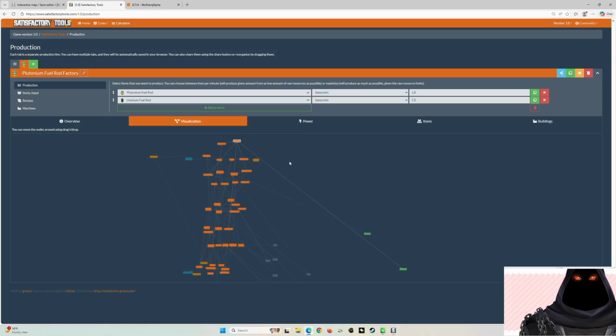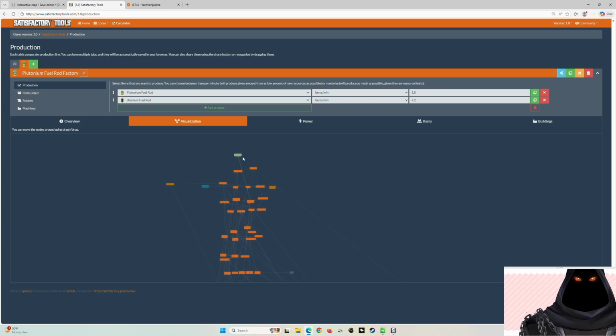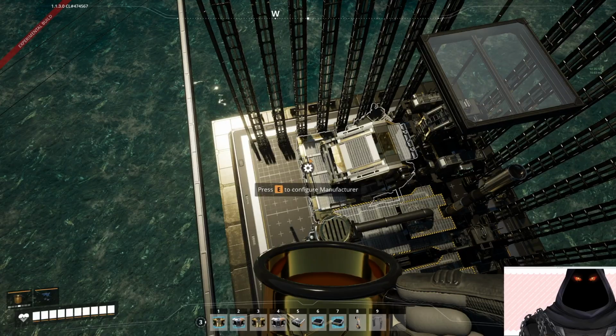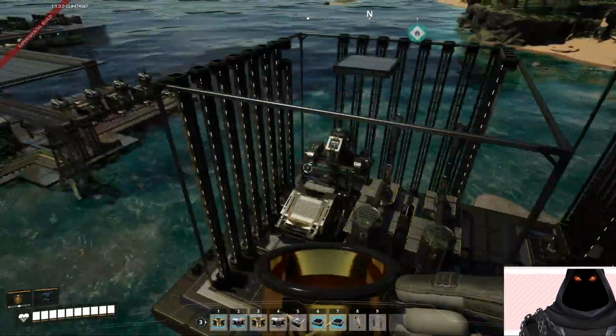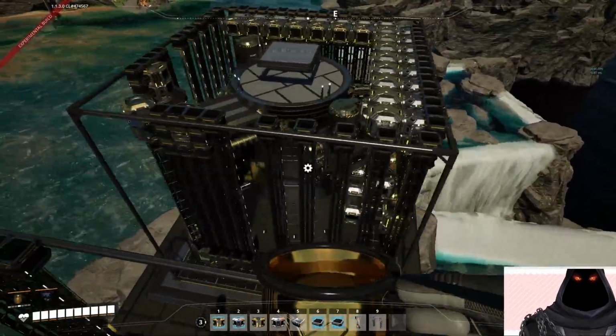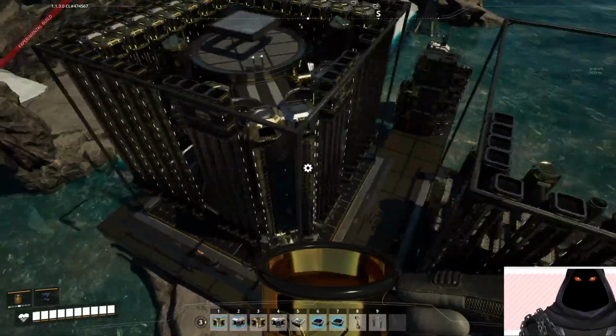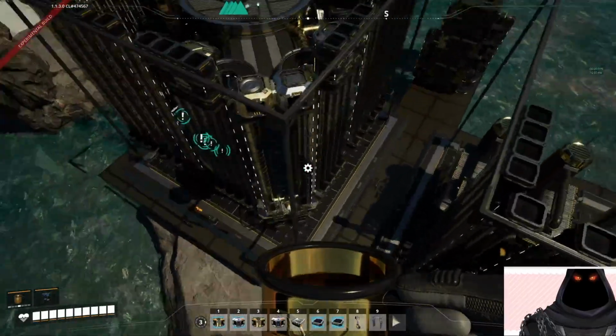The reason why these 2 are on top of the stack is because of the way that I designed the dedicated lines, which are these ones right here.